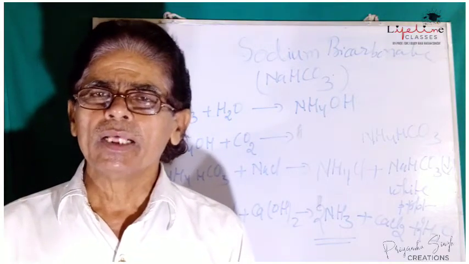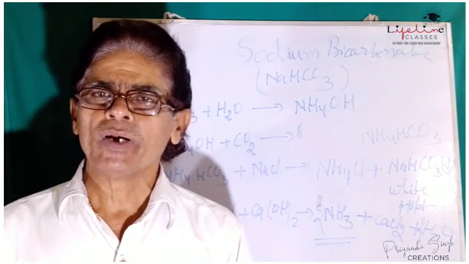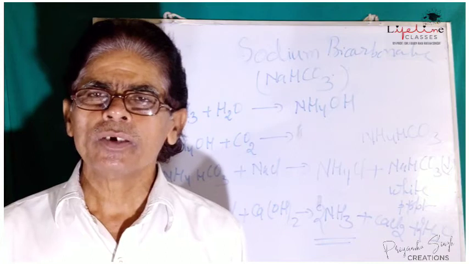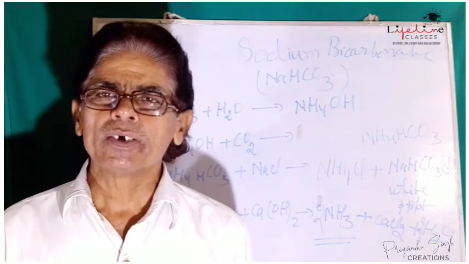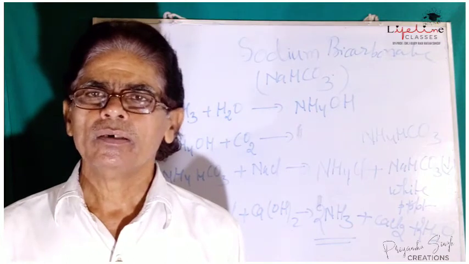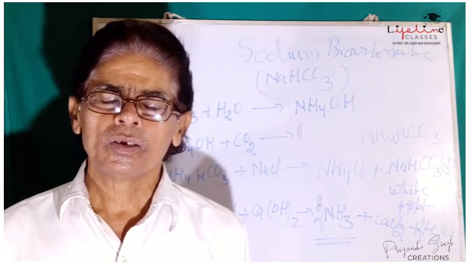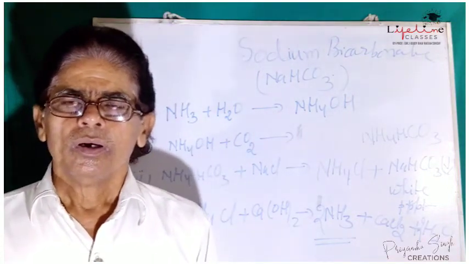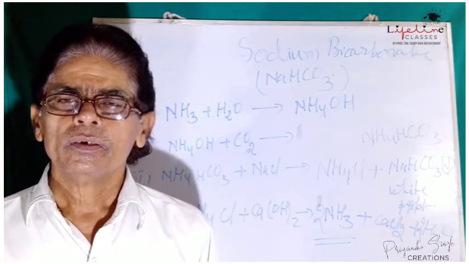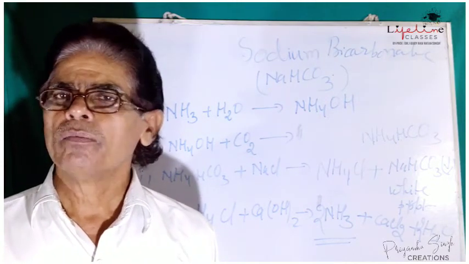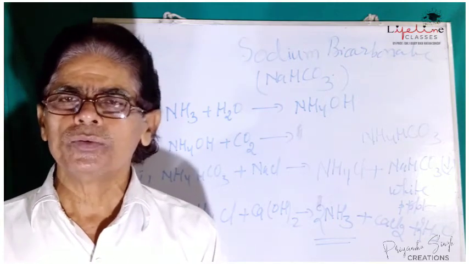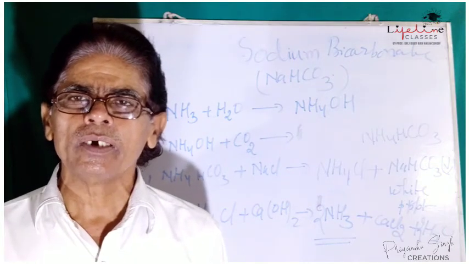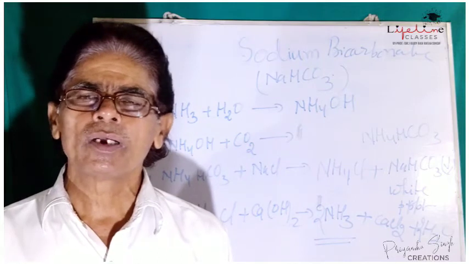After having the precipitate of sodium bicarbonate, it is filtered out, washed with fresh water, filtered again and dried in the sun or in an incubating chamber. During this process we get dry sodium bicarbonate. Now, it is subjected to calcination. What is calcination? Heating a substance in a closed container in the absence of oxygen is called calcination.